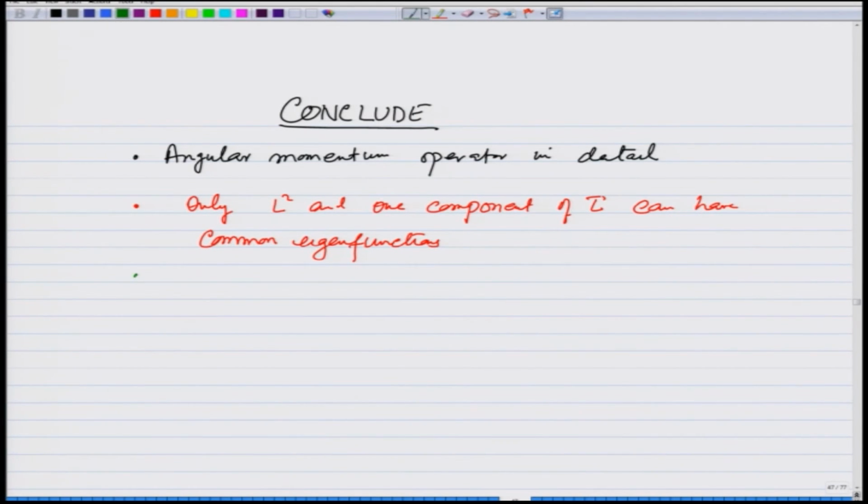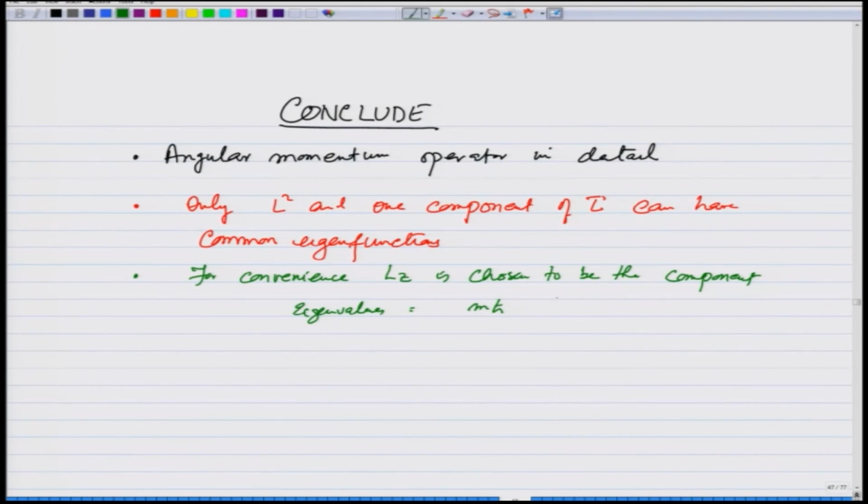We have also found that for convenience Lz is chosen to be the component and eigenvalues come out to be m h cross, m equals 0, plus minus 1 and so on.